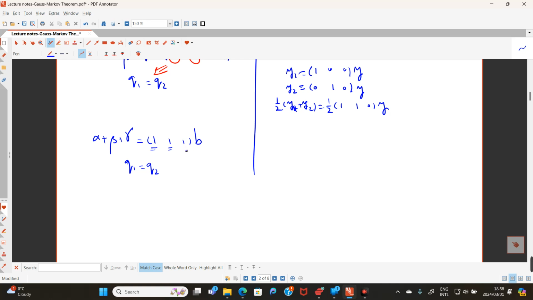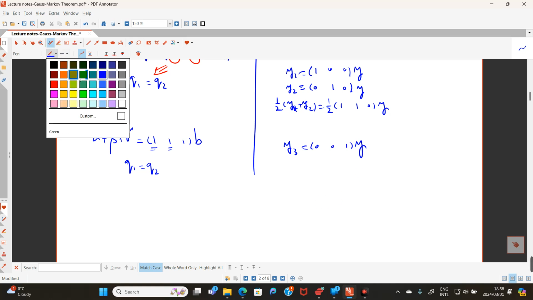According to the specific example that we had, q1 must be equal to q2, for which the rank of the augmented matrix is equal to the rank of X.